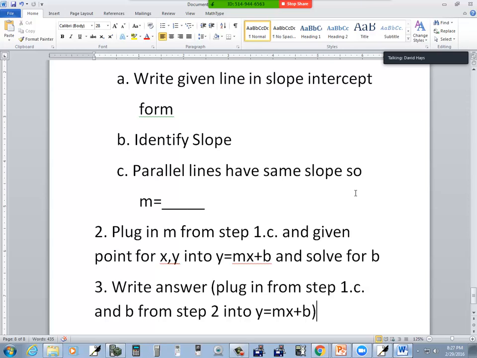I'll give you a minute to write that down if you're writing it down. Now I'll flip back to that as I'm working this problem.